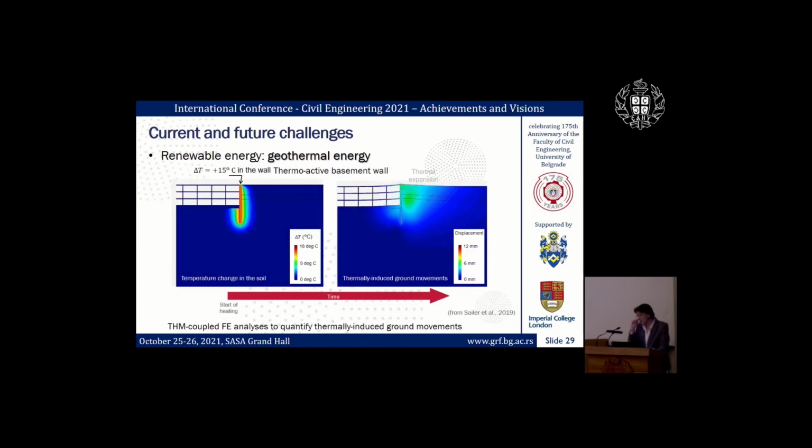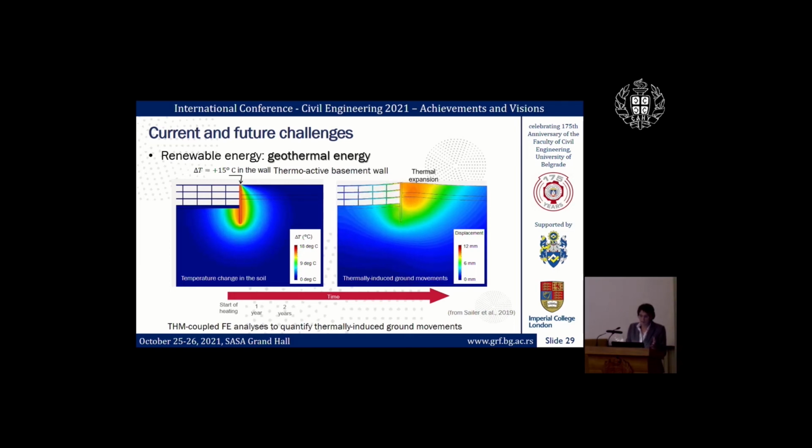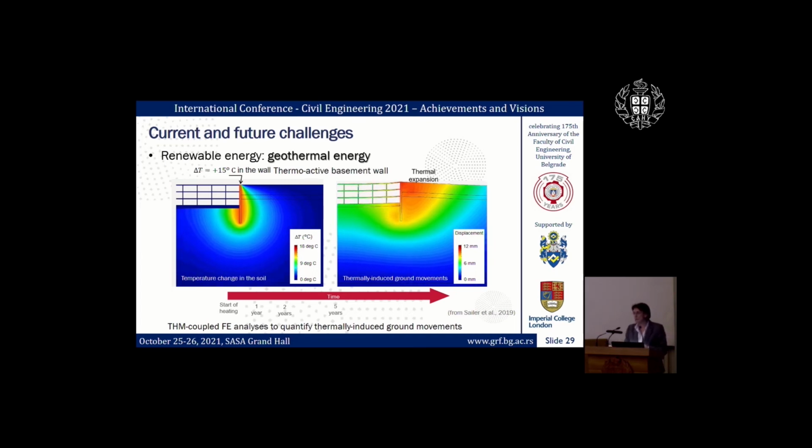The problem, however, is that these elements would then go through seasonal cycles of heating and cooling. Ground will be heating and cooling seasonally, and therefore the problem is the effect on what is already there in the ground. Existing foundations that are not thermal, tunnels, and so on.